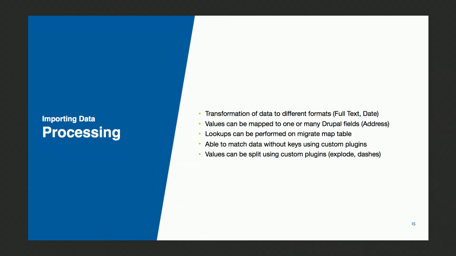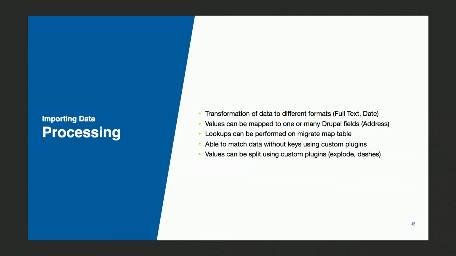Sure. So just as a little bit of background here too, like the Migrate module, your migrations are sort of split into two stages. You have the source where you get the data, and then you process the data. So no matter what method you've used to get the source data, whether it's from a CSV file or from a SOAP call or an XML document, once you've gotten that data split into different rows, then you process the data and add it into Drupal.